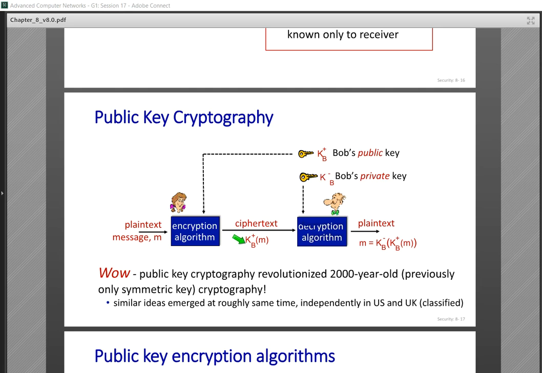Look at this one here. This is K plus of B applied to M. And finally we receive the plain text here.